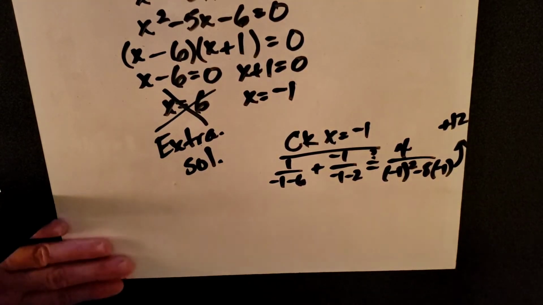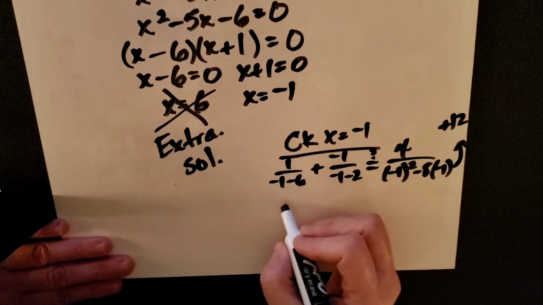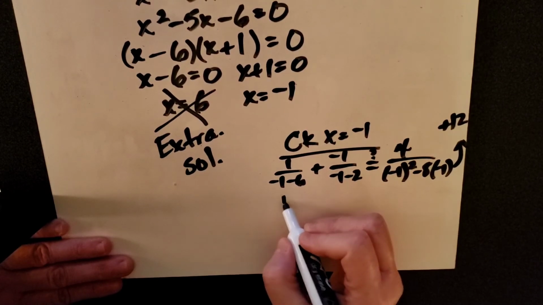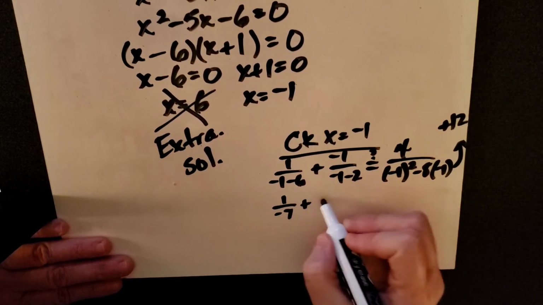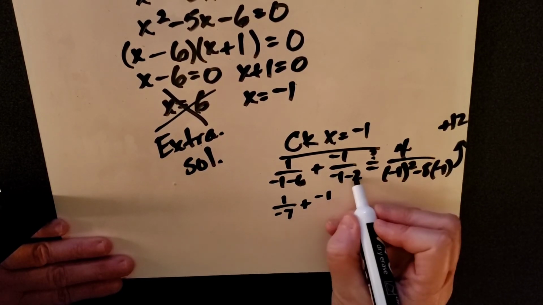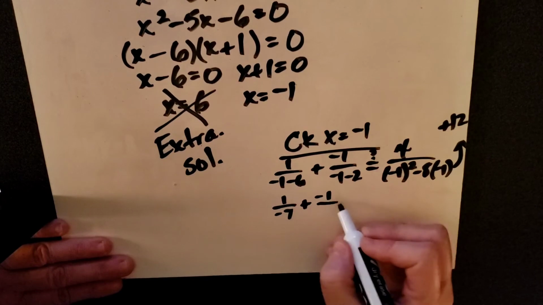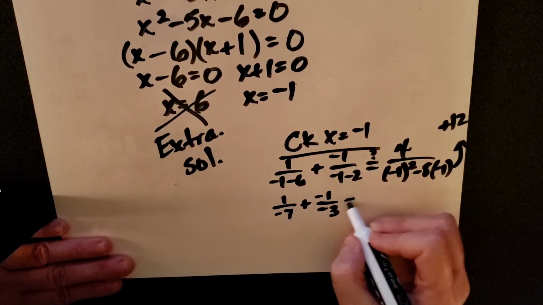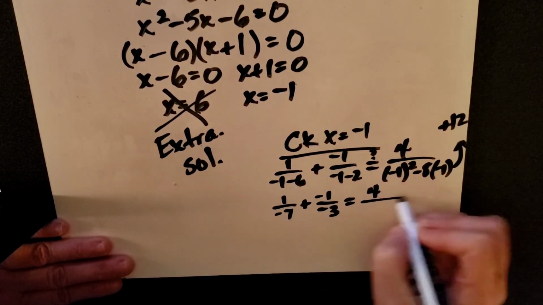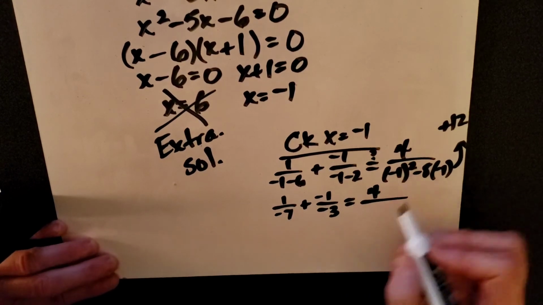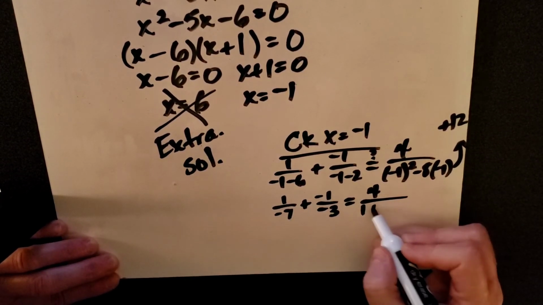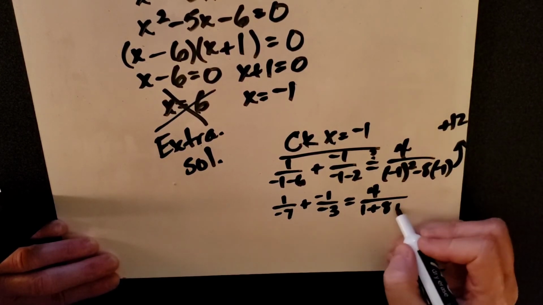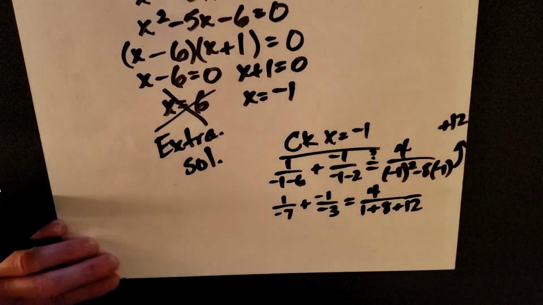That's ridiculous, but whatever. Okay, -1 minus 6 is a -7, so I've got 1 over -7, okay? Plus a -1, -1 minus 2 is a -3. Is that equal to a 4 over -1 squared is a +1, a -8 times a -1 is a +8, and then plus 12, okay?